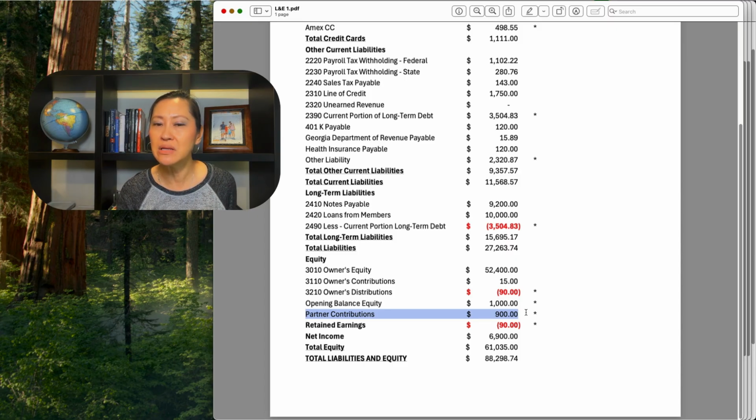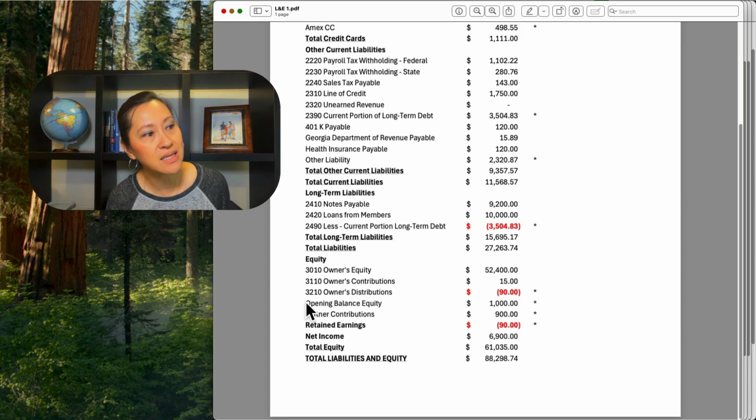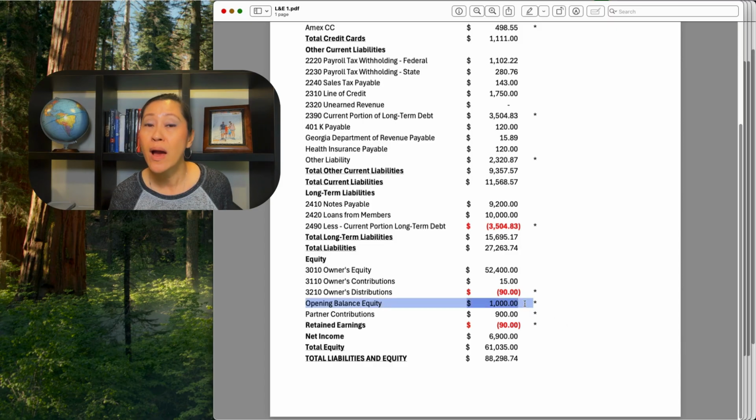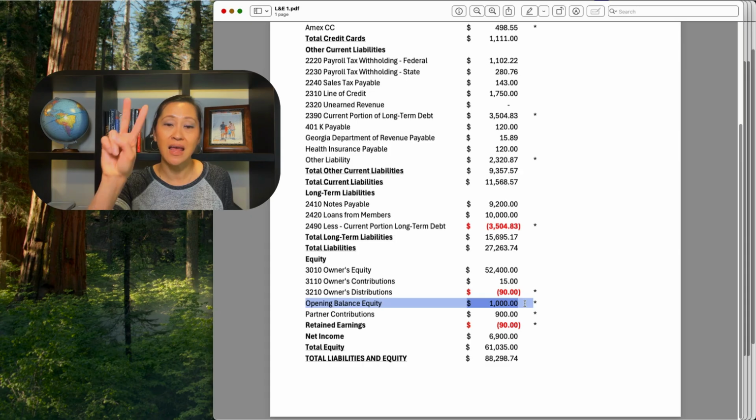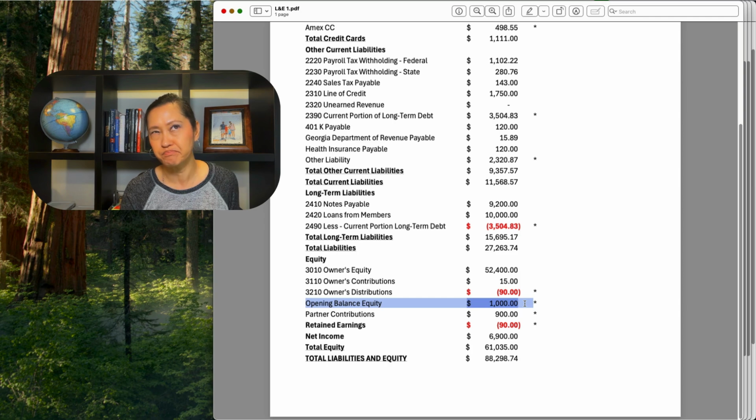A lot of people don't really know what opening balance equity is or why QuickBooks uses it. Here's the deal. QuickBooks Online is built on double entry accounting. That means every single transaction has to affect at least 2 accounts so that debits and credits stay in balance. So let's take an example.